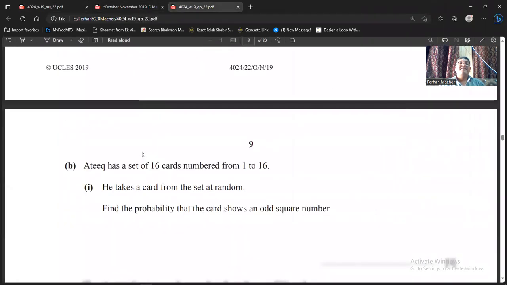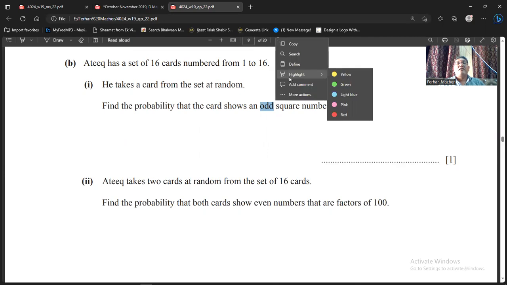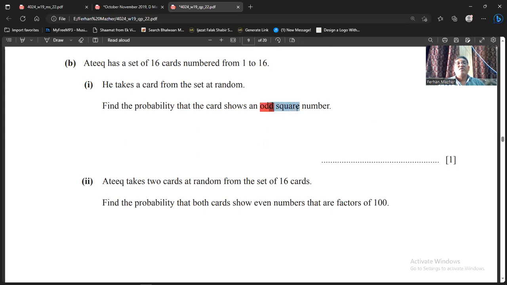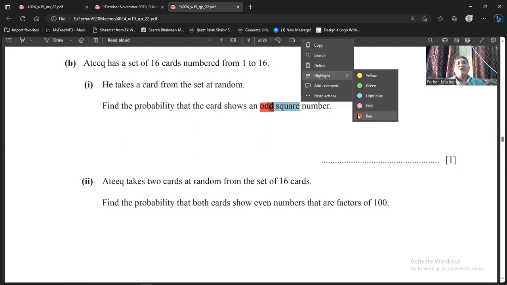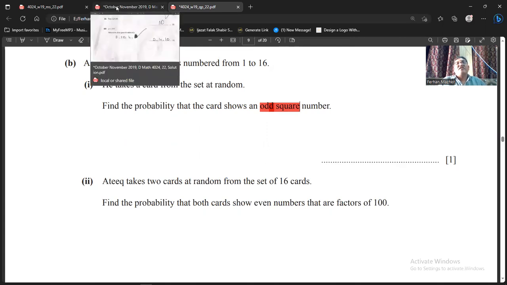Okay, then he says Atik has a set of 16 cards numbered from 1 to 16. He takes a card from the set at random. Find the probability that the card shown is odd and a square number. So from 1 to 16, the square numbers are 1, 4, 9, and 16.